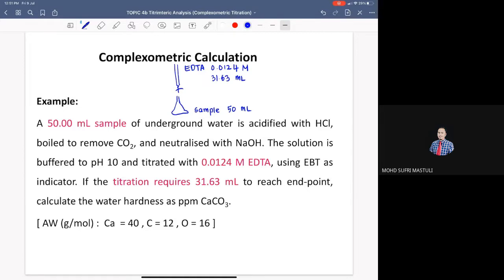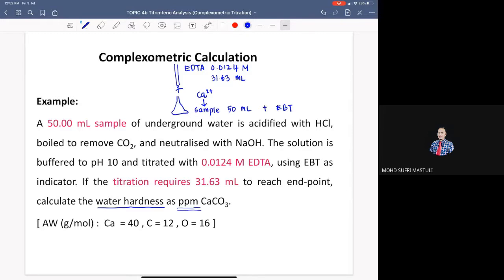The question is to calculate the water hardness, which is the ppm of calcium carbonate, meaning we want to know the concentration of calcium in this sample. Of course, an indicator, EBT, is added to the analyte, but this is just additional information.